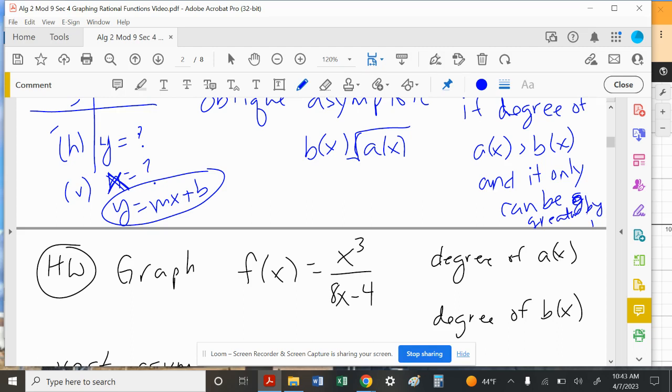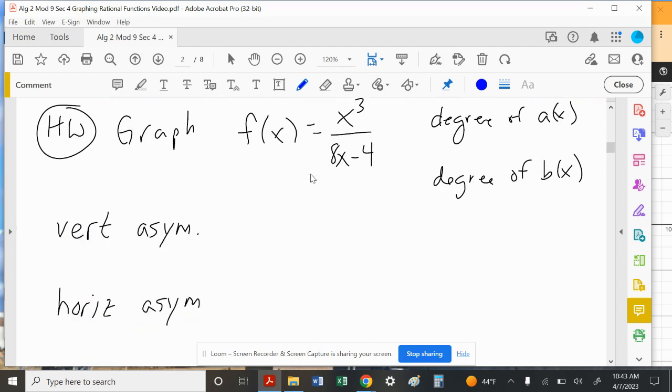So we'll take a look at some of these as we go through them. So let's just walk through the first ones, to get through at least one of them. So let's get through this one first. Notice here that the degree of a of x is 3 because that's the highest degree up here. The degree of b of x is 1 because we got a 1 there.